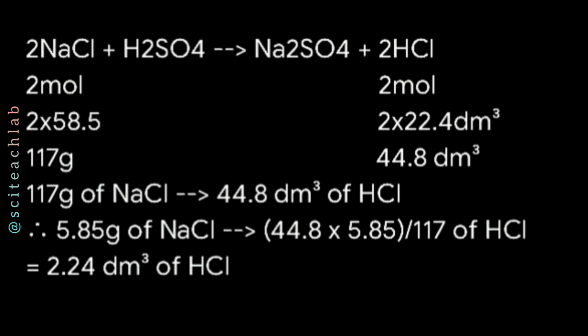So we calculate that HCl will be 44.8 times 5.85 all over 117. And we have that 2.24 dm cube of hydrochloric acid gas was produced in this question. All right, so as easy as that also.